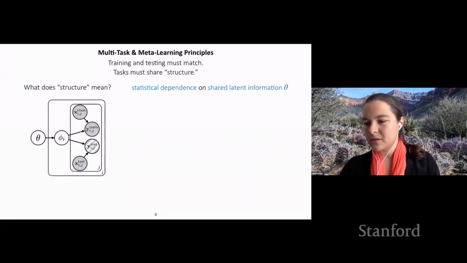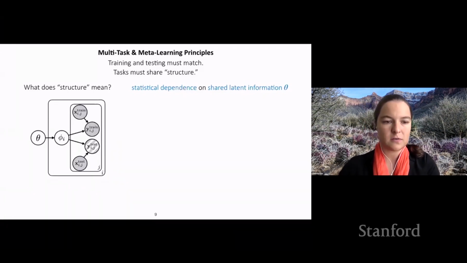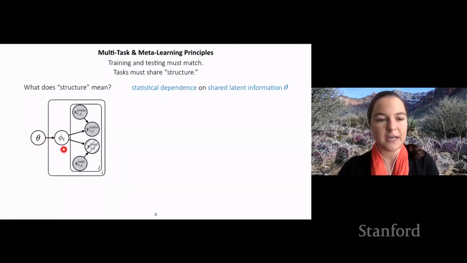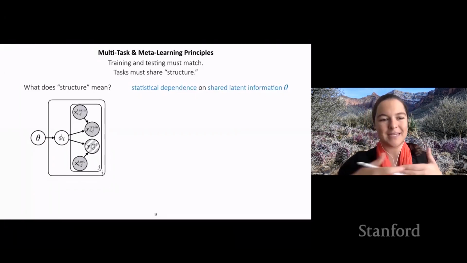And in particular, we can consider this graphical model here, which uses plate notation, where you have some shared latent information theta. There's a dependence from this shared information to each of the task parameters phi_i. And I'm using the plate here to denote that i is indexing the task-specific parameters for each of our tasks.